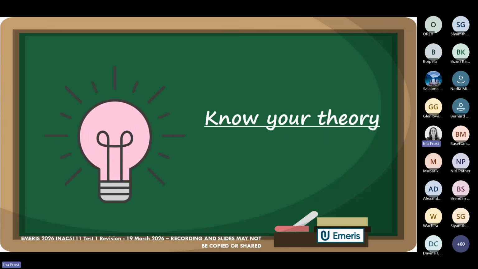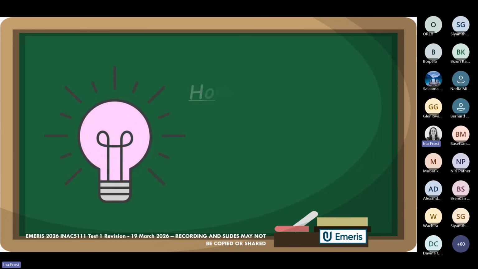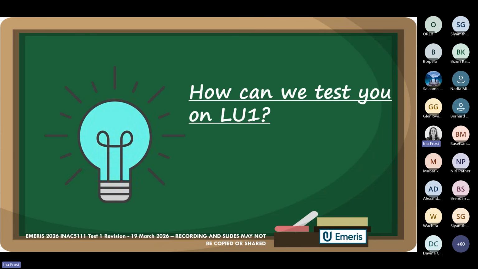So if you don't know your theory from Learning Unit 1, then you are already only going to be able to answer a half or 2/3 of the paper. So it is important that you must know your theory from this learning unit as you're getting ready for the test.